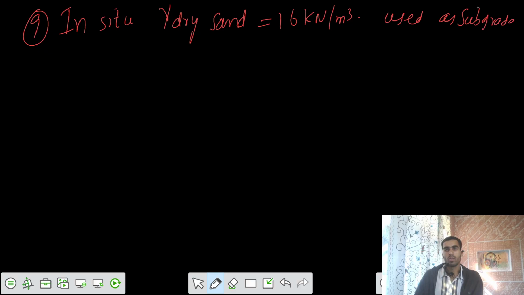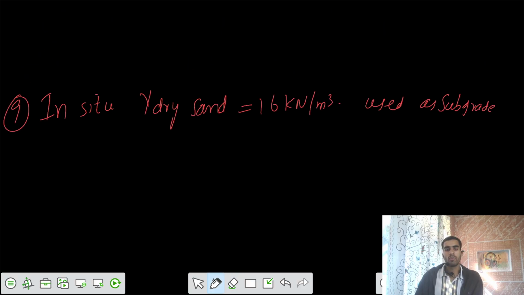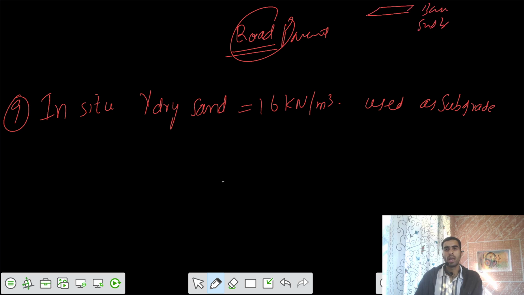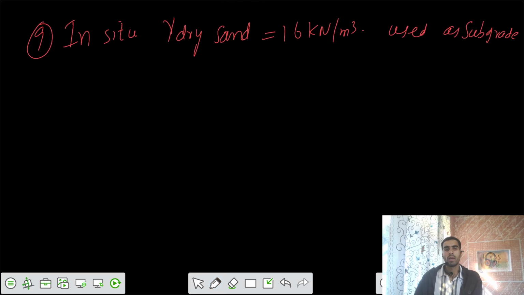If we have a road construction, for that road pavement we need 3 to 4 different layers. One is your base, one is your sub base, and one is your subgrade, and we have used sand for that. Okay.